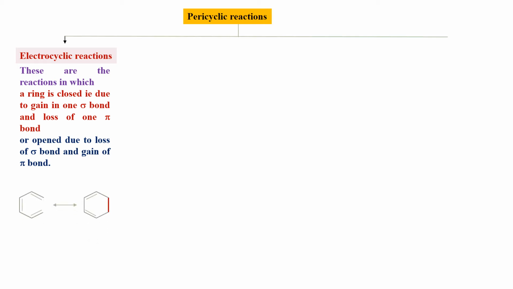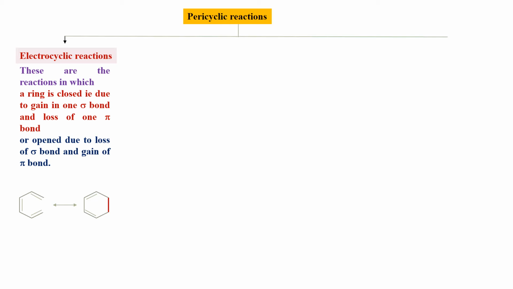This is the compound CH2=CH-CH=CH-CH=CH2. Alternate pi bonds are present there. So a shift of pi electrons will take place on supply of energy. How will this take place?